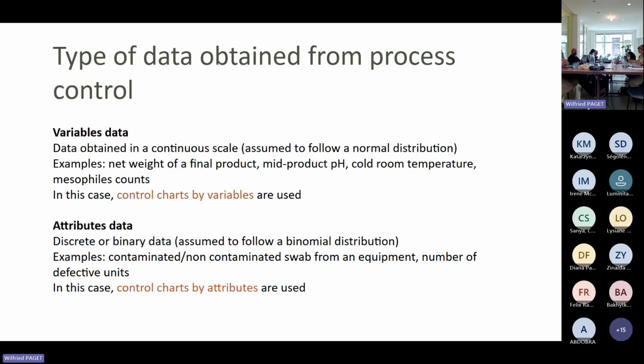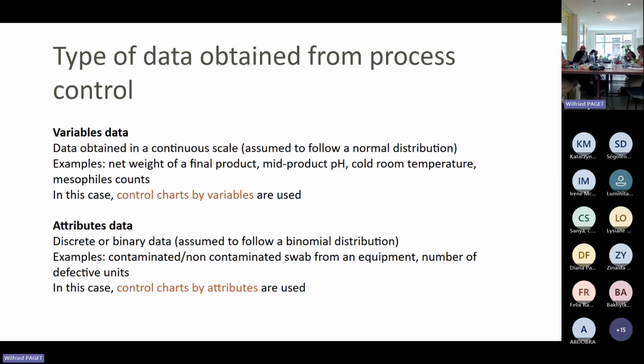So in the variables data, we have a continuous scale, so we can assume a normal distribution if you have a big sample. As examples, you can have the net weight of the final product, pH. You can also use it to control the temperature in the cold room or the mesophile counts, for example. So in this case, the name of this type of control chart is control charts by variables.